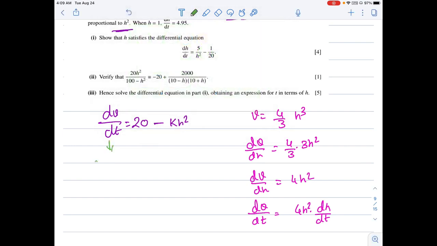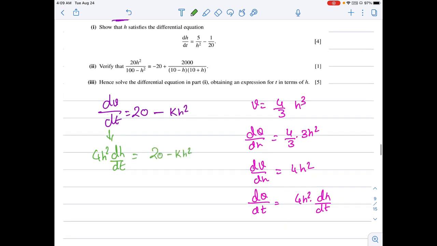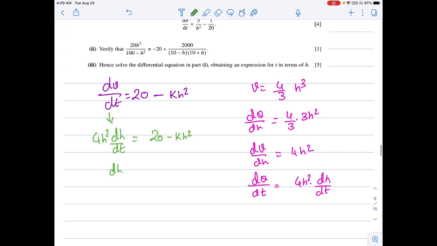It becomes 4h square dh upon dt is equal to 20 minus kh square. Making dh upon dt the subject, it is 20 minus kh square divided by 4h square. So dh upon dt is equal to 20 divided by 4h square, which is 5 upon h square, minus kh square upon 4h square, which is k upon 4.